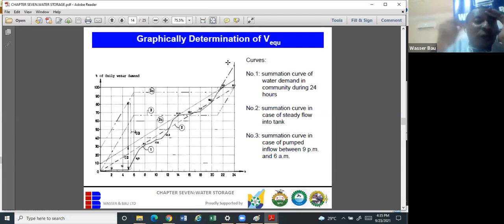If you're pumping for 4 hours, it means you're going to provide a tank size that will take you for the next 16 hours. Whereas if you program it very well and you pump 8 hours in between the day, it will come to, let's say, half of what you have. So I think if you go through the material, you know more about this. Okay, Engineer Sunday.